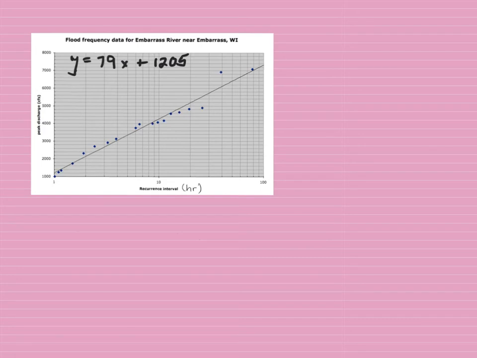Okay, I'm going to assume that you went ahead and tried it on your own, so let's go ahead and check your work now. So we've got y equals mx plus b. y is the discharge, talking about a flood here, in CFS. Those are cubic feet per second, by the way.